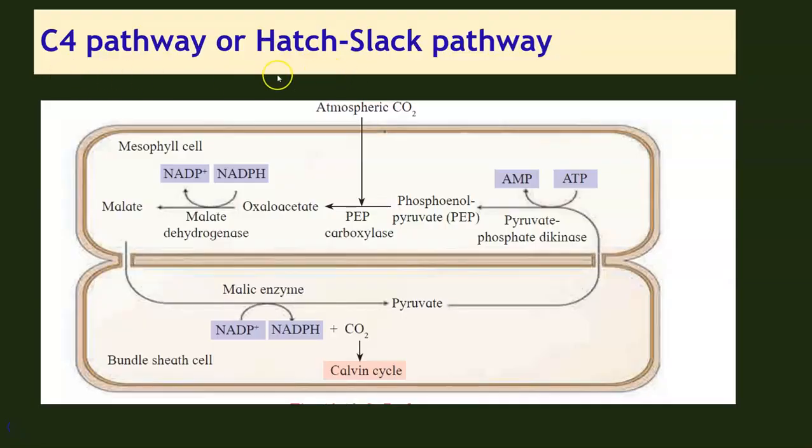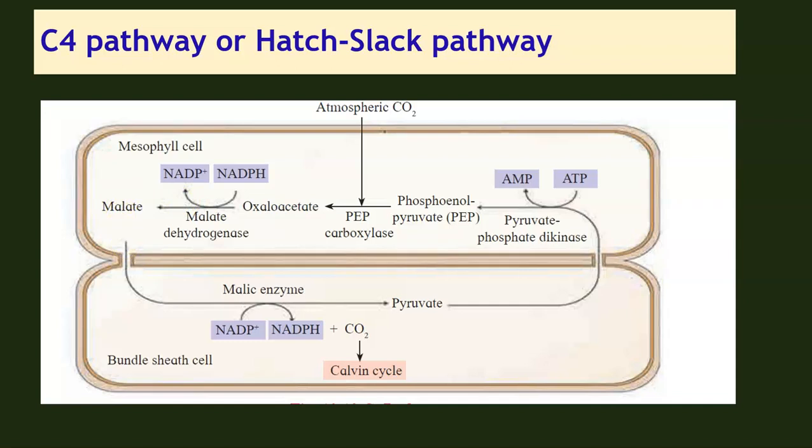Now students, let us see what happens in a C4 pathway. You have your atmospheric carbon dioxide. So the carbon dioxide is taken from the atmosphere and it is accepted by a 3-carbon compound here. This is your phosphoenol pyruvate, PEP. In the presence of the enzyme PEP carboxylase, it is converted into oxaloacetic acid, which is a 4-carbon compound, and this 4-carbon compound is immediately converted into malate in the presence of malate dehydrogenase, and it is further converted into malic acid.